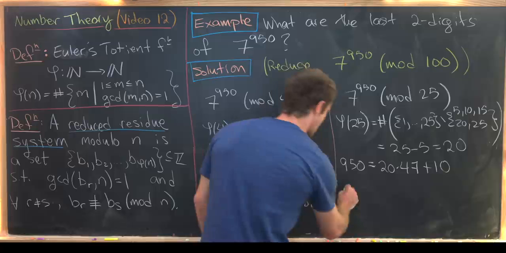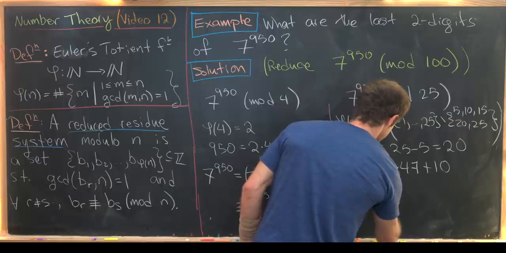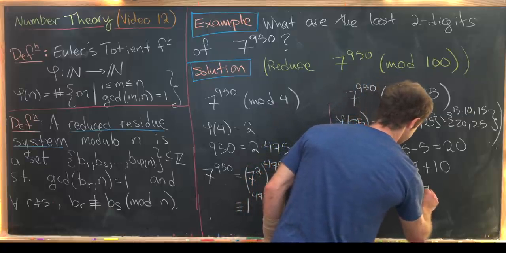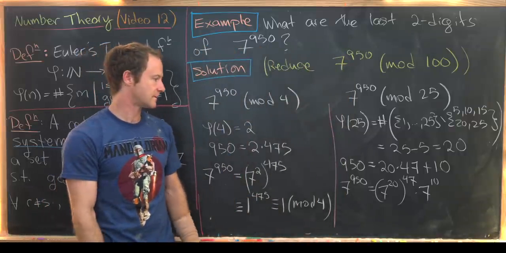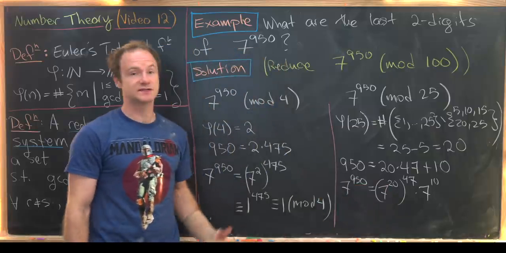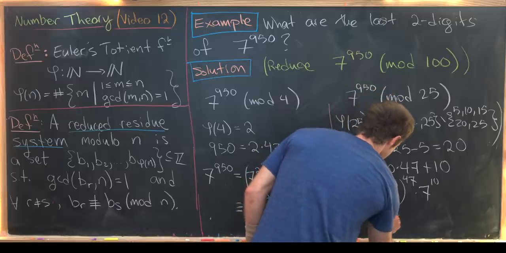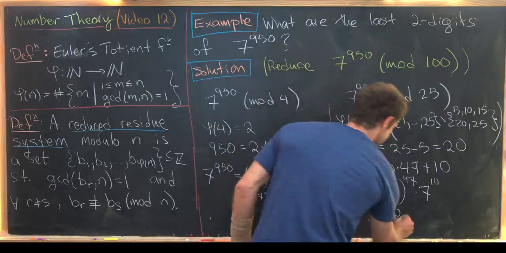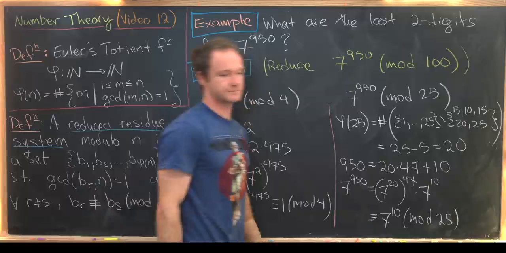Okay, so that means that 7 to the 950 will be equal to 7 to the 20 to the 47 times 7 to the 10, just using exponent rules. But we know 7 to the 20 is congruent to 1 mod 25. So 7 to the 10 is what's left over. We have 7 to the 950 is congruent to 7 to the 10 mod 25.